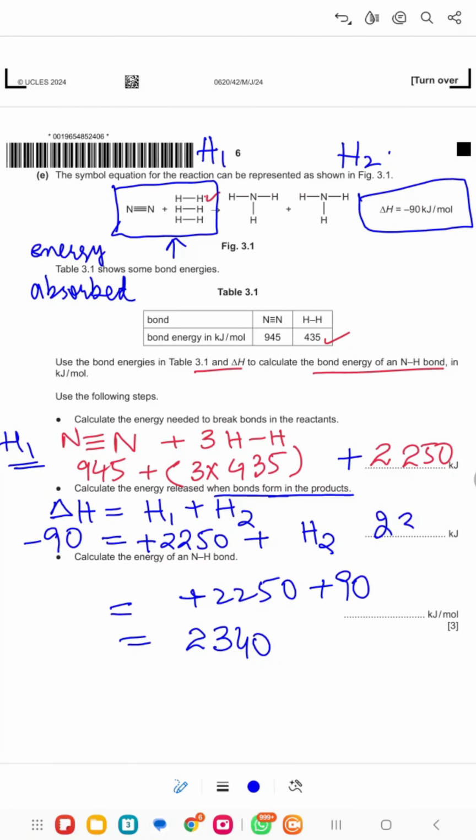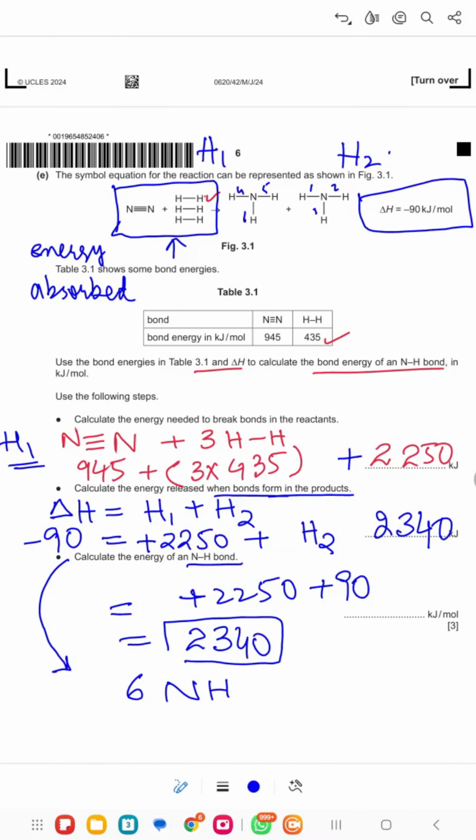So here we will write the answer 2340. Calculate the energy of an N–H bond. If we are talking about this part, this is the value which we have calculated for 6 N–H bonds: 1, 2, 3, 4, 5 and 6. There are a total of 6 N–H bonds which have the value 2340.